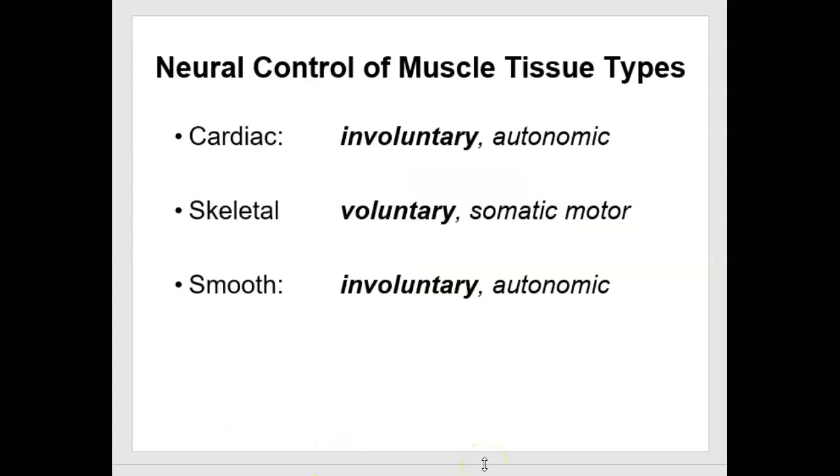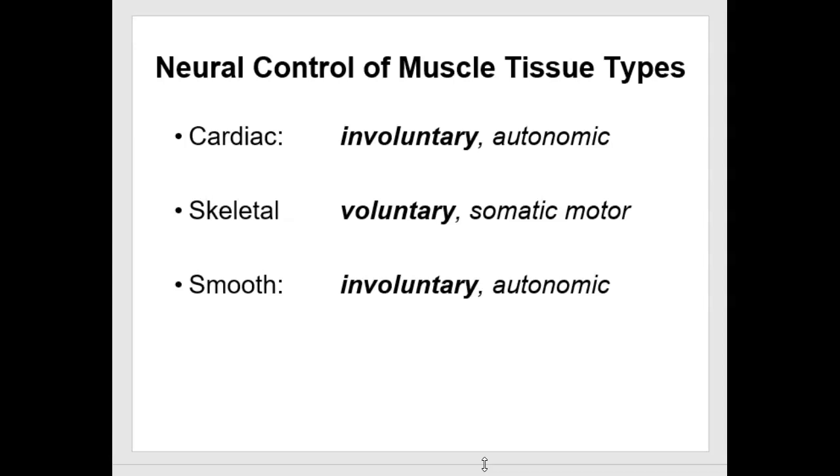Now, these different types of muscle tissue are controlled by the nervous system in general, yes, but which branch of the nervous system is what I'd like to discuss now. The cardiac muscle tissue is under the control of the autonomic nervous system.